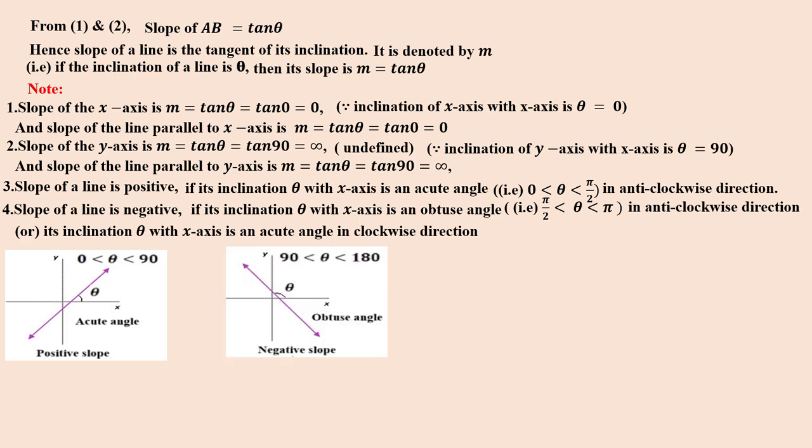So the diagram is this one. This is a positive obtuse angle. If you take the other side, from the negative side of the x-axis to the line AB, you will get the clockwise direction. That is an acute angle, 0 to 90 degrees, right?